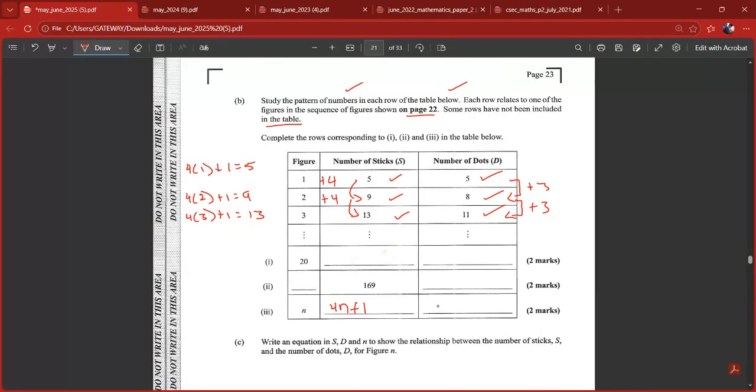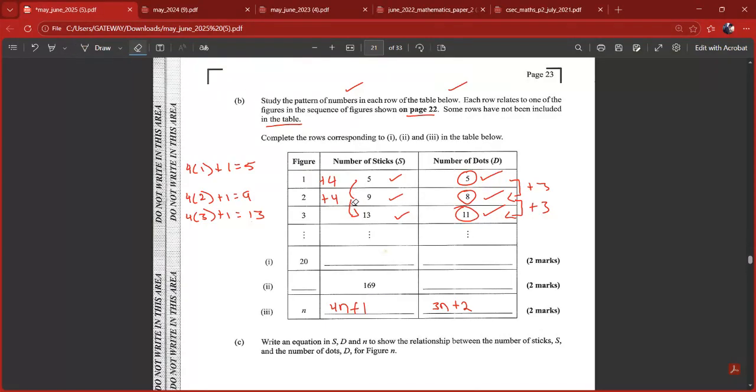Since you're increasing by 3, you multiply n by 3, so you get 3n. Try it for figure 1: 3 by 1 is 3, but you have 5 there, so I add 2. Checking for figure 1, when n is 1, 3 by 1 is 3, plus 2 is 5, correct? Then for figure 2, n is 2, so 3 by 2 is 6, plus 2 is 8, and 3 by 3 is 9, plus 2 is 11, so it works out there.